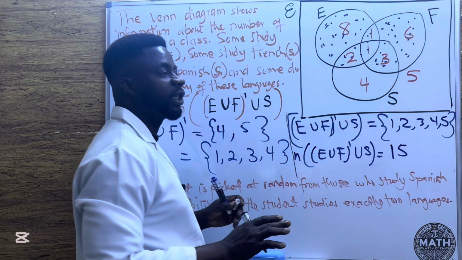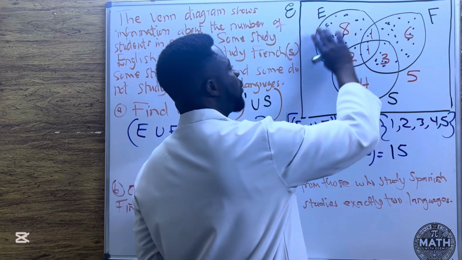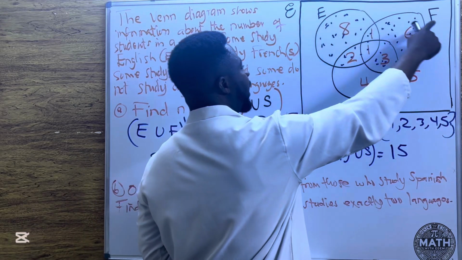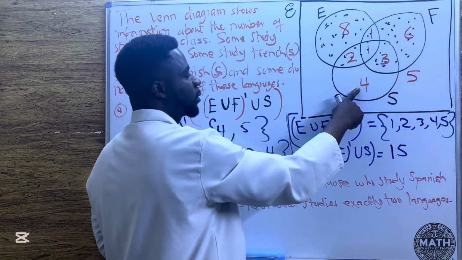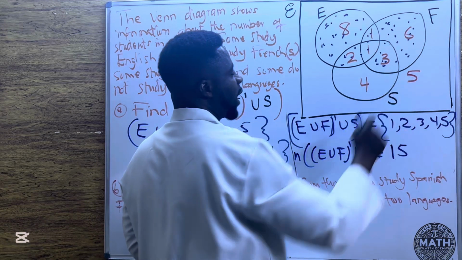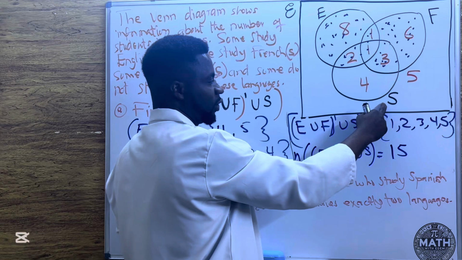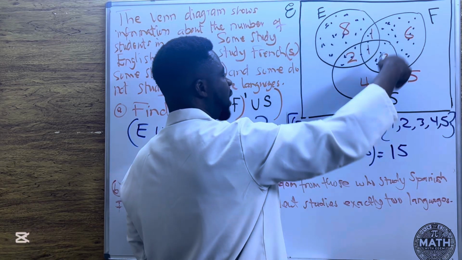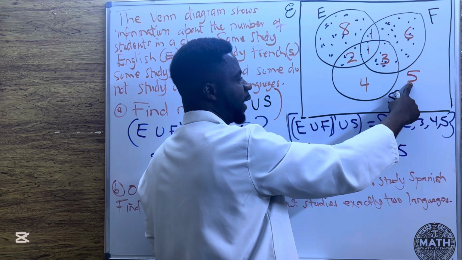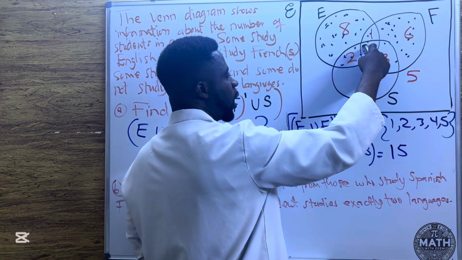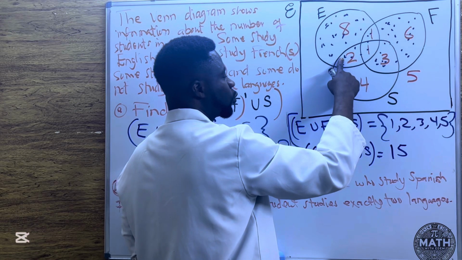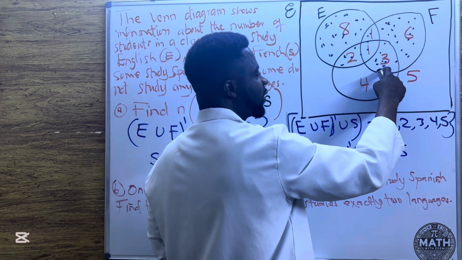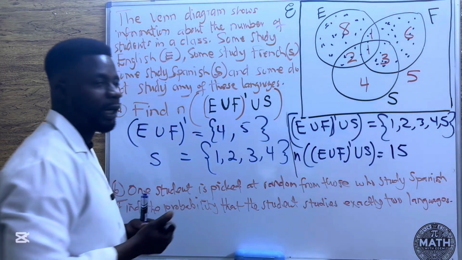Great. So what it means is that the total number of people who are outside English and French are 4 and then 5, union Spanish. And you know that the whole of this region is Spanish. 4 and 5 gives us 9. So 9 plus 1 gives us 10, plus 2, and then plus 3 gives us 15. So our answer is 15.